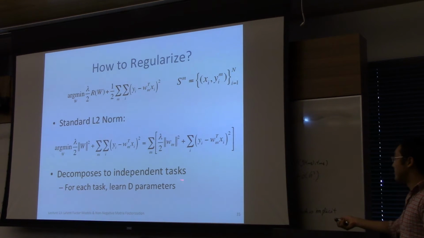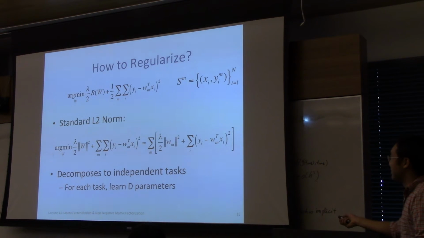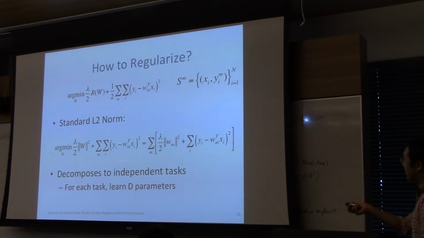And so it actually decomposes into M independent estimation tasks. So we're not actually taking advantage of the fact that this is a multitask problem. We're not actually sharing information between users. If the amount of Y's that we observe for every user is relatively little, this particular formulation doesn't actually share the information between tasks.